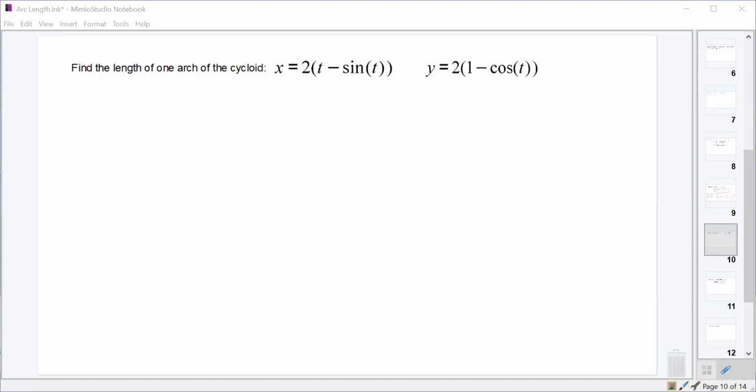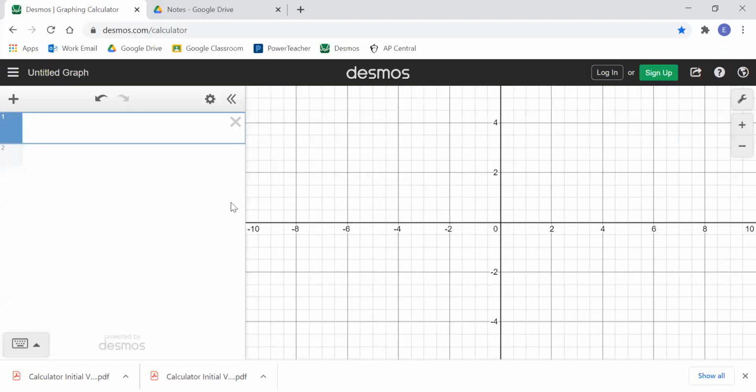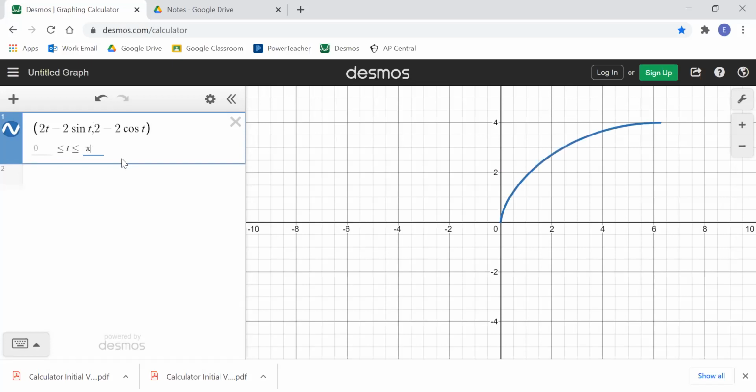let's put it into Desmos. So we should have what we had. I'm just going to distribute that out, 2t minus 2 sine t. And then the other one, if I distribute that, is just 2 minus 2 cosine t. And let's see, one arch, if I go 0 to pi, that's clearly not a full arch.